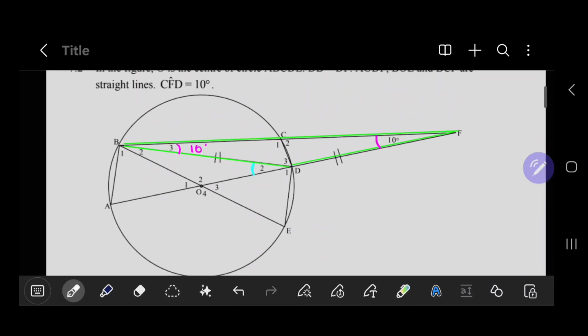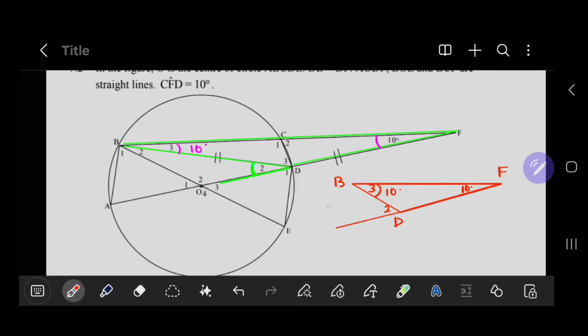Now that we know what angle B3 is, we realize that D2 is actually an exterior angle of that triangle. If we take this line DF and we extend it, this creates angle D2 that lies outside the triangle.